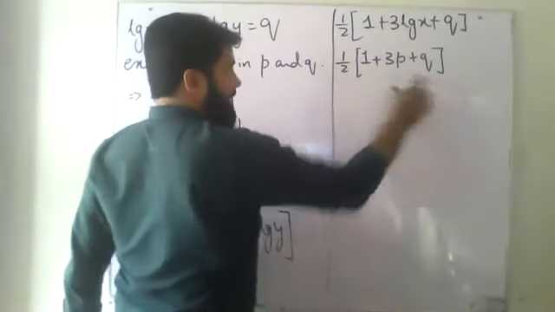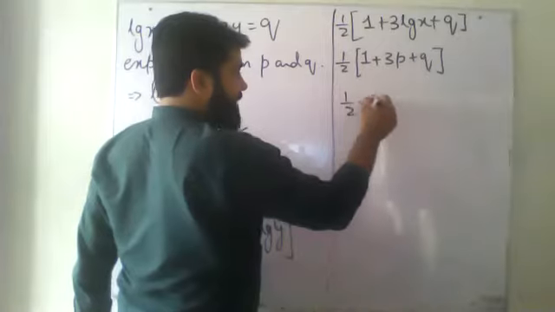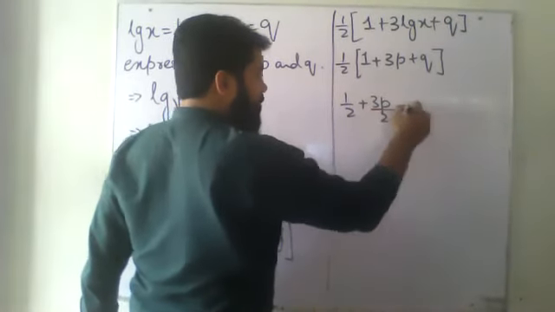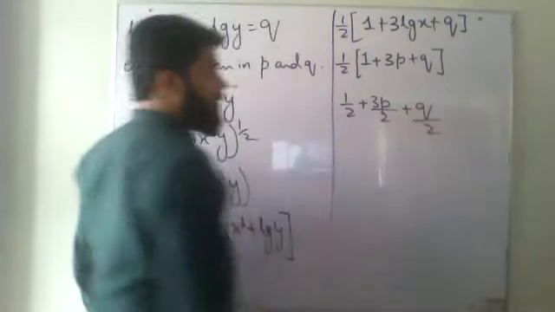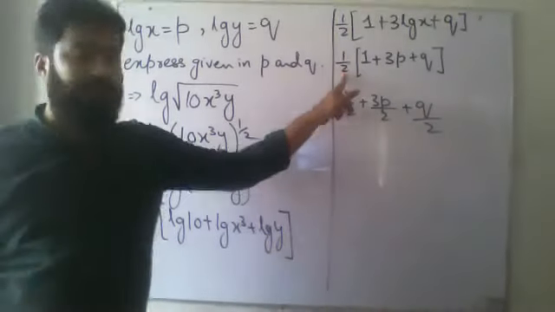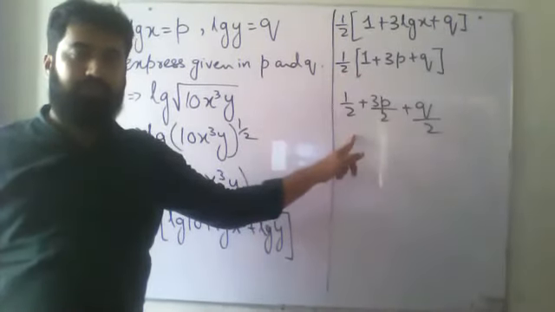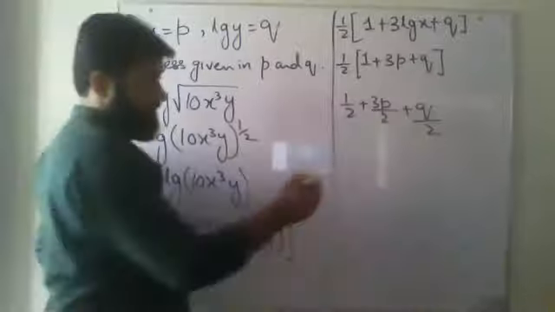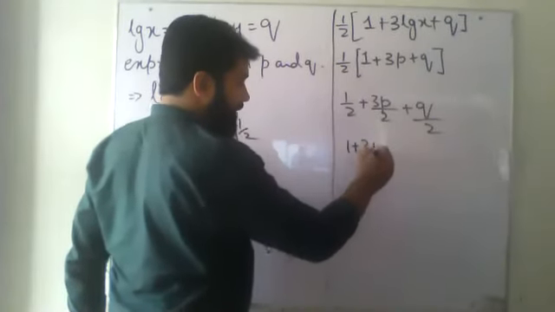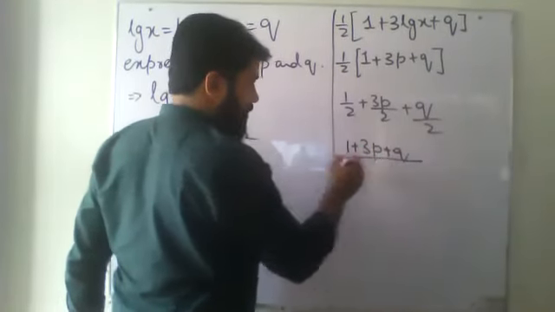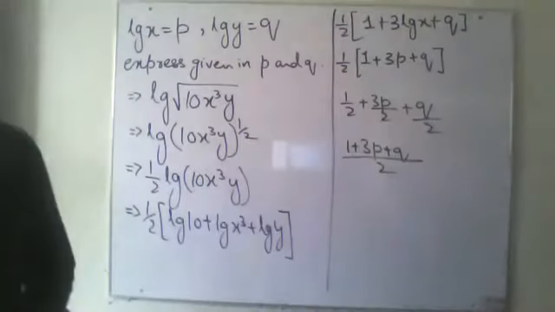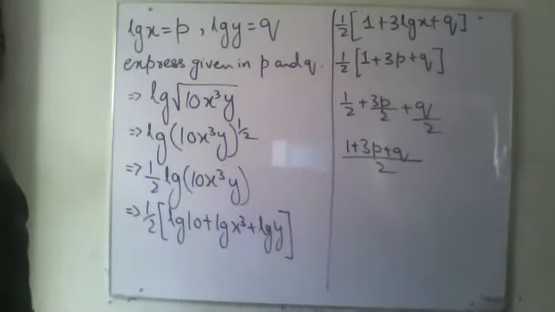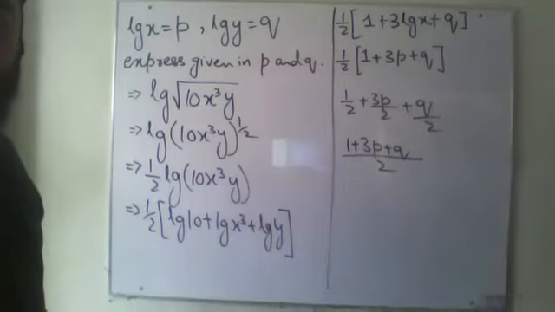When I apply this inside, half plus 3p over 2 plus q over 2. You can leave your answer over here also. Or in the most simplified form, (1 plus 3p plus q) over 2. That can also be your answer. It's your choice, whatever you want to take over here.